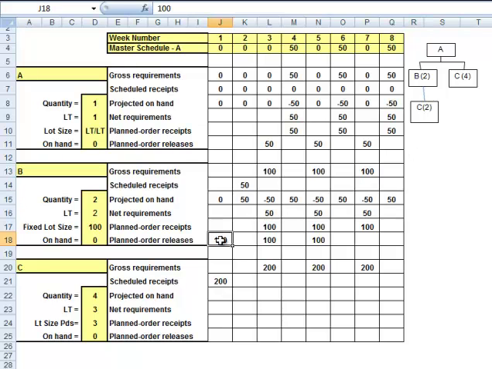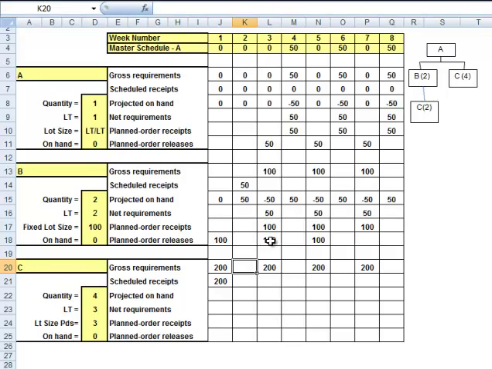So over here, I need to start 100 B's in time period 1. How many C's are going to be required in order to start 100 B's? 100 times 2. So the gross requirements for C is I need another 200 in time period 1.